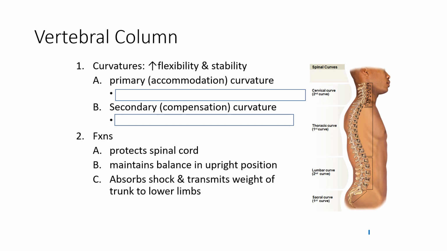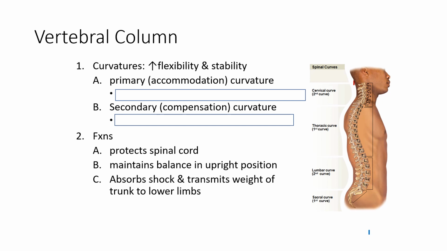Let's examine the spinal curves of your spine. Looking at the right image, you can see that there are 4 curves along the spine, named the cervical curve, thoracic curve, lumbar curve, and sacral curve.